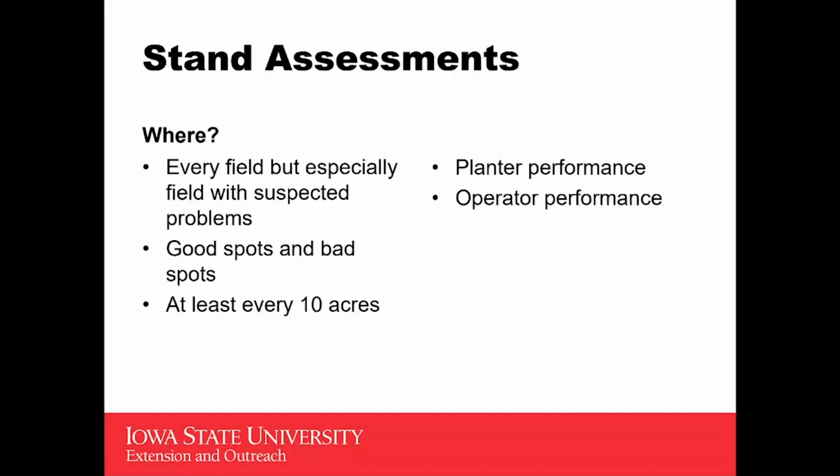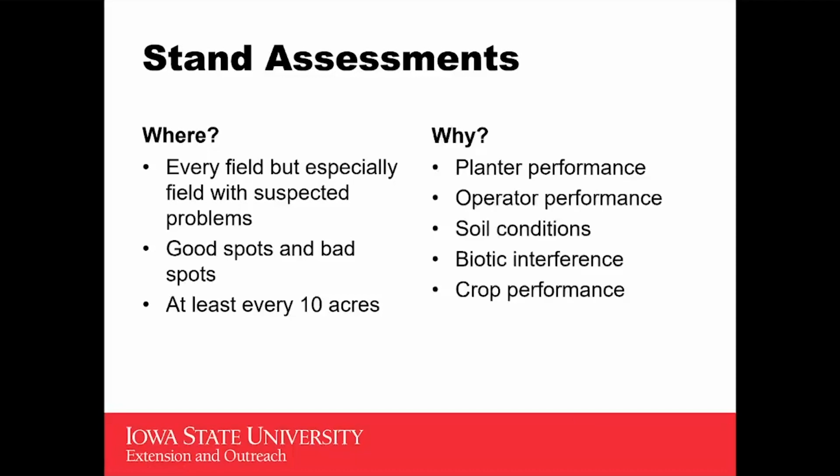And then we're really starting to understand and be able to decipher, is it planter performance? Are there operator performance issues? What were the soil conditions? Did we have some things, whether it was too cold, too wet, too dry, from that time frame where we were getting germination and emergence occurring? Did we have biotic interference, is how I've termed it here?